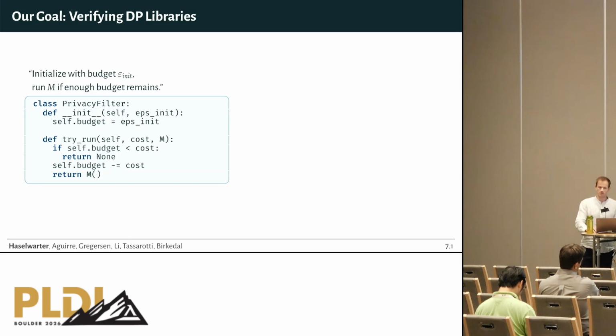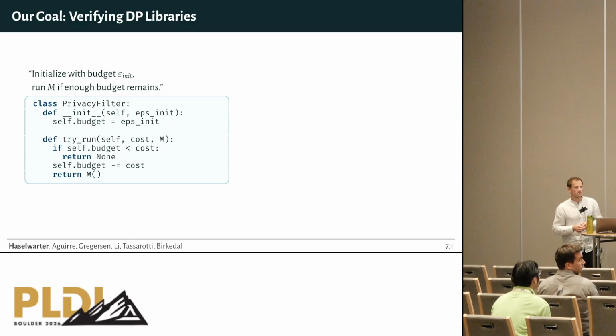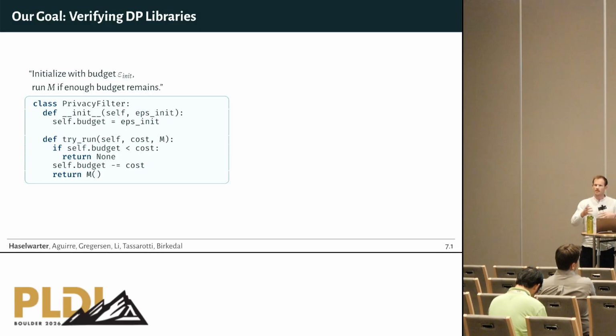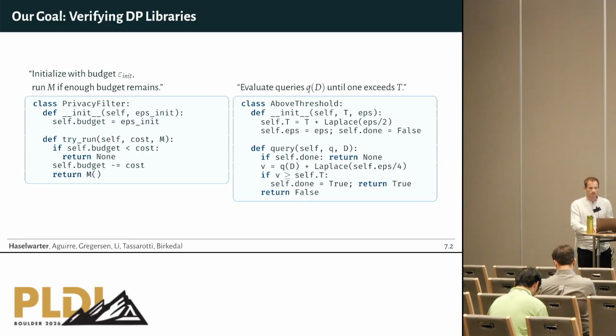It's a higher order program that is parameterized by a privacy budget that you set in the beginning, and then you expose this try run function that takes in a mechanism M, and if you still have privacy budget left, then you execute M, and otherwise you say, I'm not releasing any more data, and you stop. So this is a very useful construct if you don't want to do the privacy accounting yourself.